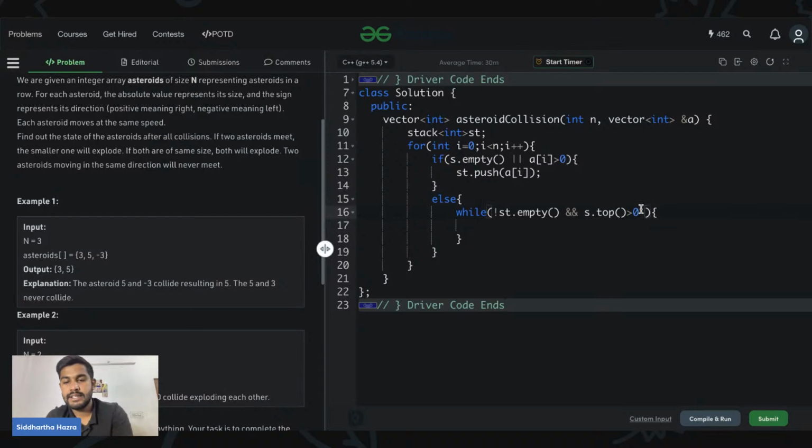And then the top element should be smaller than this negative element. This negative element should prevail. So st dot top is less than the current element, abs of a of i, because it is a negative element, no? So we need the absolute value of it.